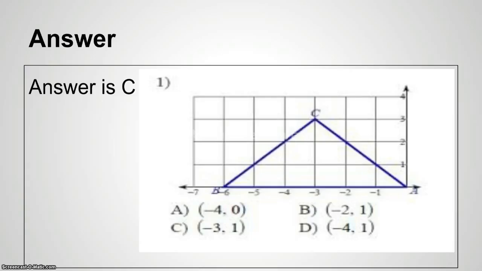Now, just look at the diagram and we can figure this out. The centroid is the center of the triangle, and in this one, the center of the triangle is negative 3, 1. You could do this by going 3 over and 1 up, and you can see that it's directly in the center of the triangle. So that's why the answer is C.